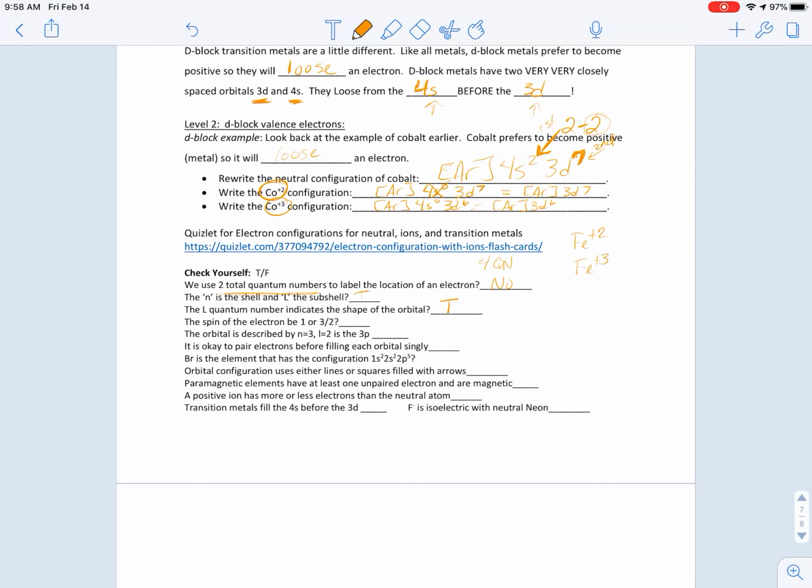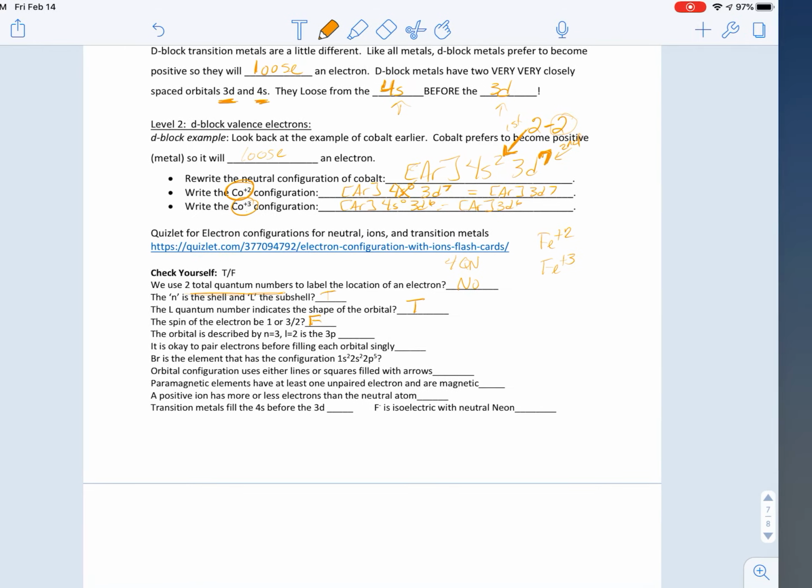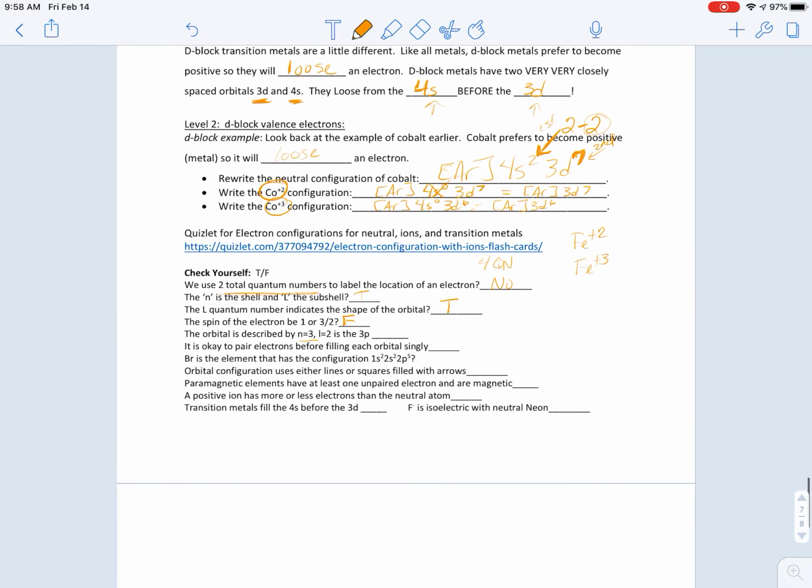Can the spin of an electron be 1 or 3/2? No, that's false. Is the orbital described by this and this a p? Well, it is the third, but when l is 0, it's an s. When l is 1, it's a p, and when l is 2, it's a d. So no, that should be a 3d, so that one was false.